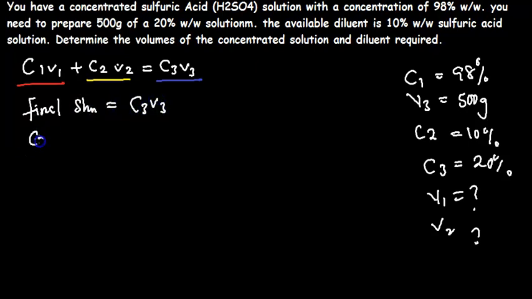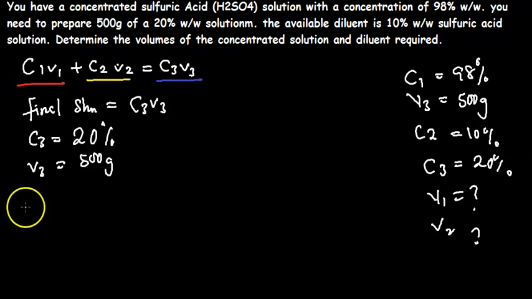Remember, our C3 here from our data is given to be 20%. What about V3? V3 is 500 grams. So, we said what we need to do is to determine the amount of hydrochloric acid in the final solution before we can find V1 and V2.